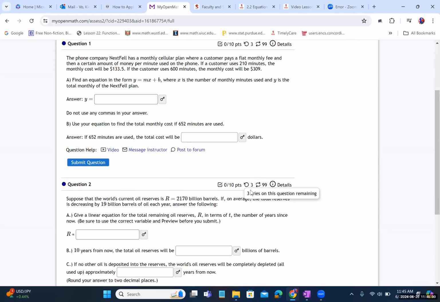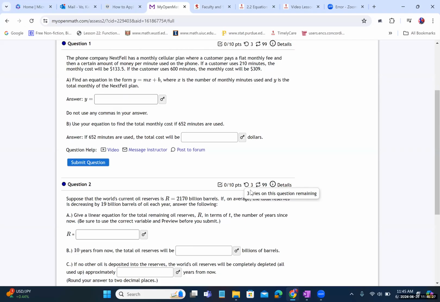For this question, we're given that a phone company, Nextfail, has a monthly cellular plan where the customer pays a flat monthly fee and then a certain amount of money per minute used on the phone. If a customer used 210 minutes, the monthly cost will be $133.50. If a customer used 600 minutes, the monthly cost would be $309.